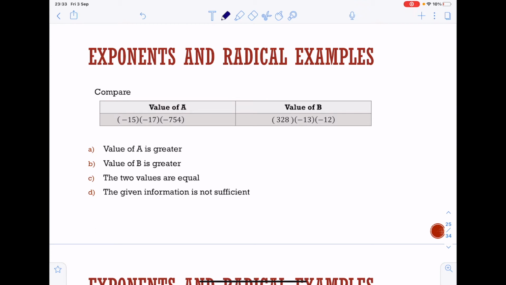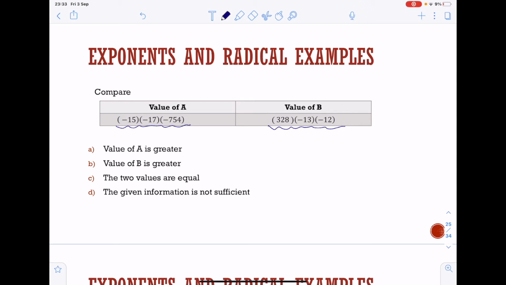Okay, now let's see some examples about this. We have to compare value A and value B. Here, as you can see, in one value you have three negative numbers multiplied with each other, but in the other we have two negative and one positive. It is not practical to just multiply the numbers together to get the answer.